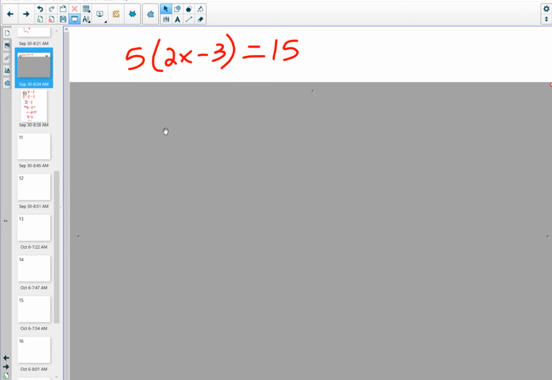The reason why I don't typically do this is because here we're getting lucky. What's 15 divided by 5? 3. Wow, it worked out great. But how about if that number would have been a 14? What would you have ended up with? Not a decimal. A fraction.